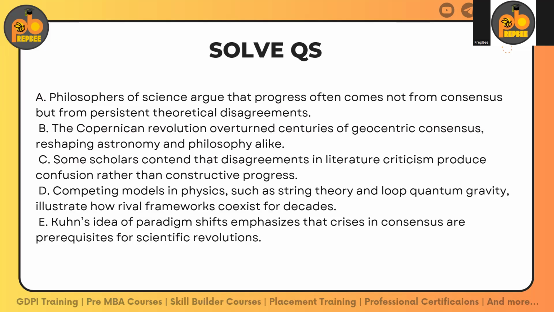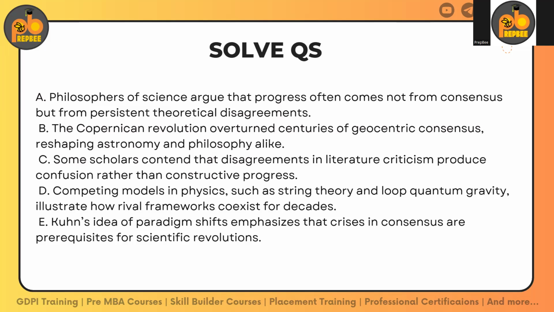Competing models in physics, such as string theory and loop quantum gravity, illustrate how rival frameworks coexist for decades. Kuhn's idea of paradigm shifts emphasizes that crises in consensus are prerequisites for scientific revolutions.